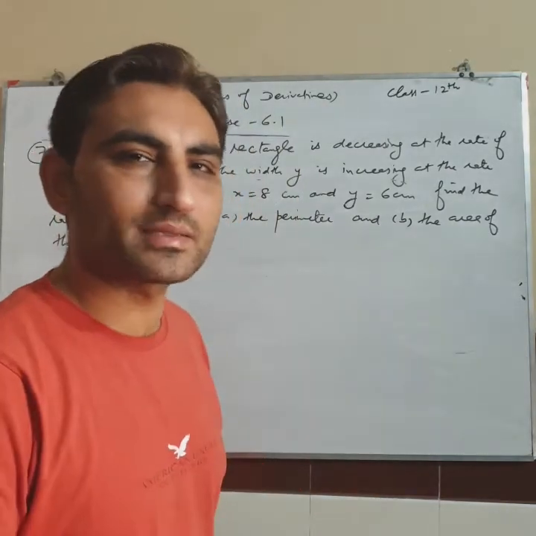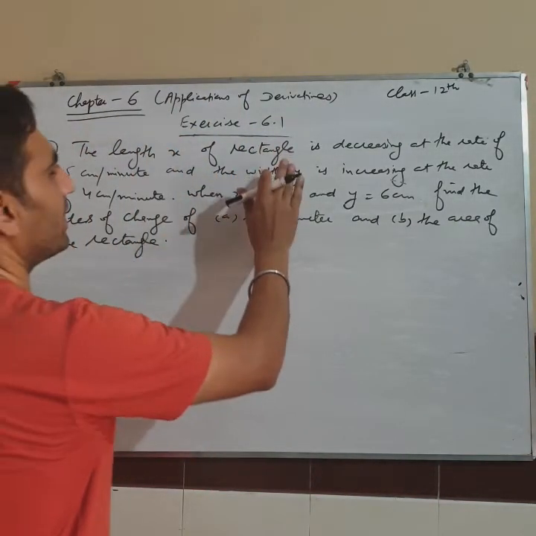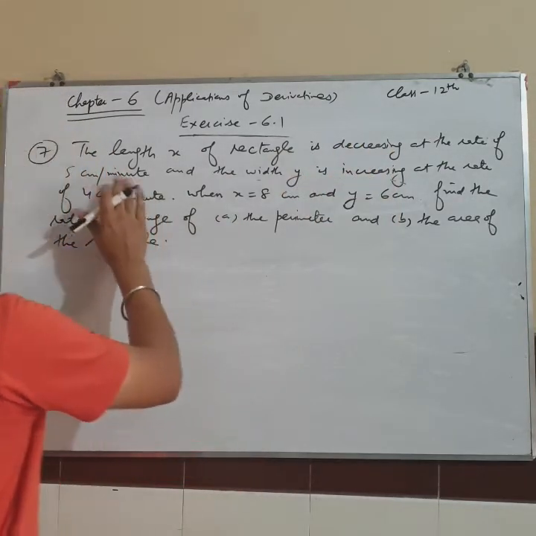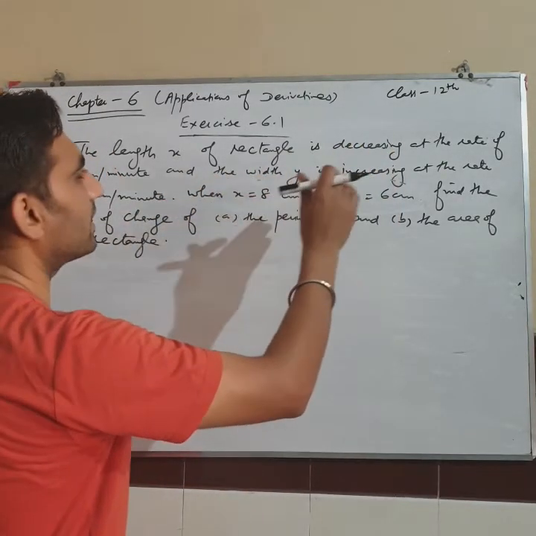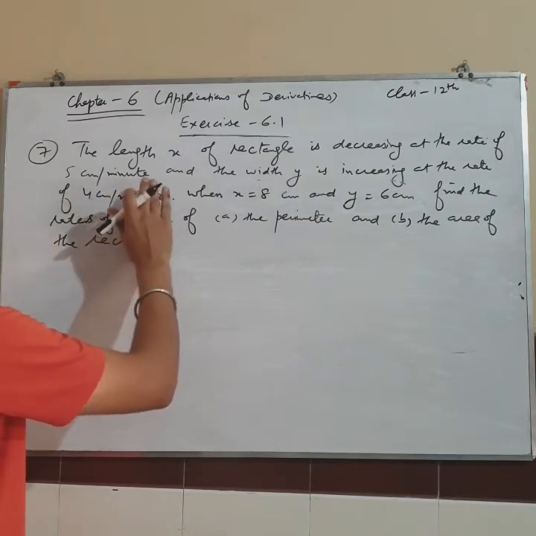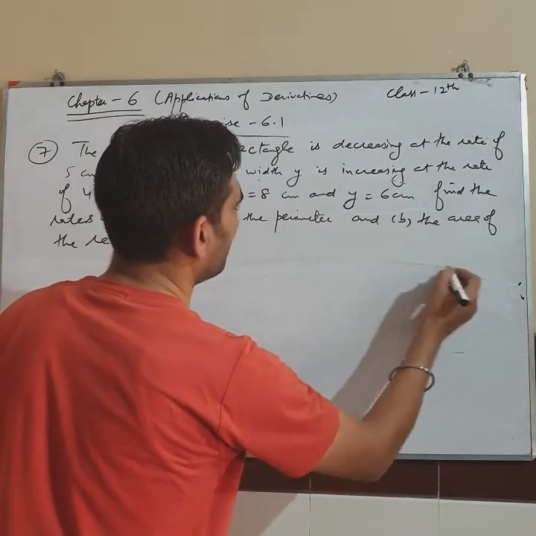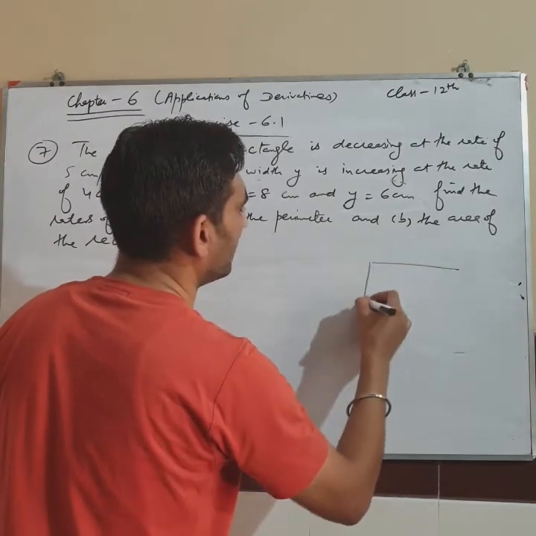Let's start our next work from question number 7 onwards, exercise 6.1 class 12th. The length x of a rectangle is decreasing at the rate of 5 cm per minute. Let's mark one rectangular shape and we will mark a few values on it.